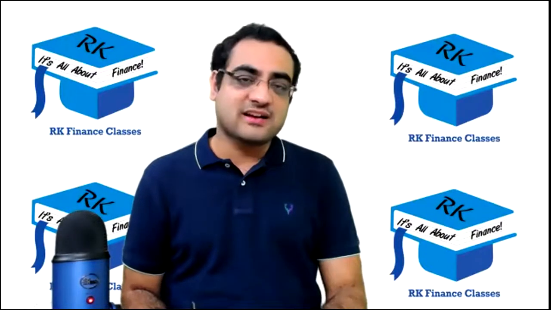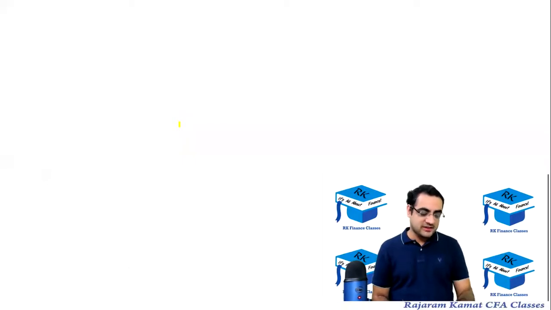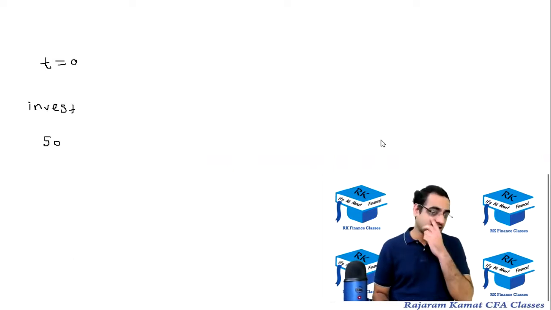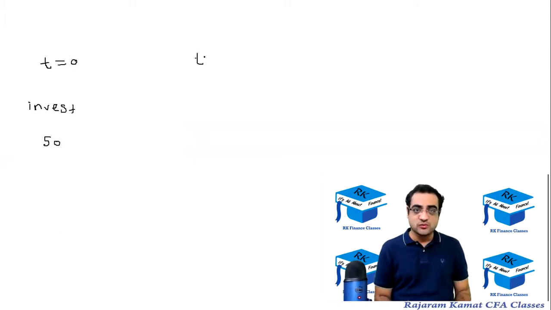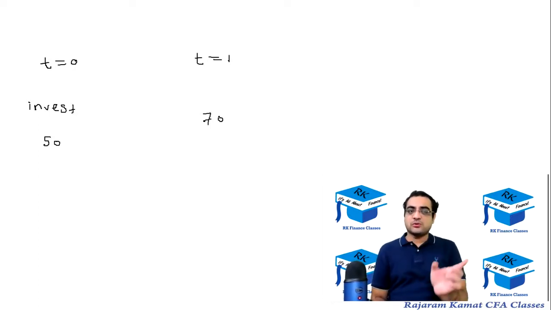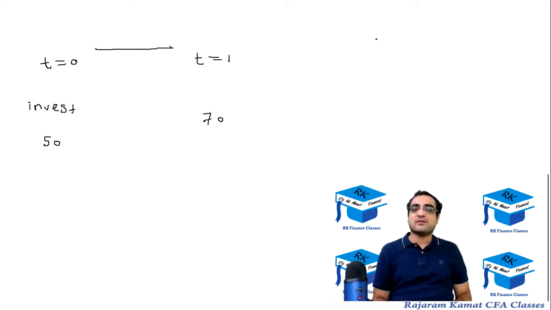So a simple case: I have to invest today, today meaning t equal to 0, let's say 50, and at the end of the year, that is at t equal to 1, I'm going to get 70. So if it is a 1 year period, t equal to 0 to t equal to 1, then we can simply calculate return as ending minus beginning upon beginning.